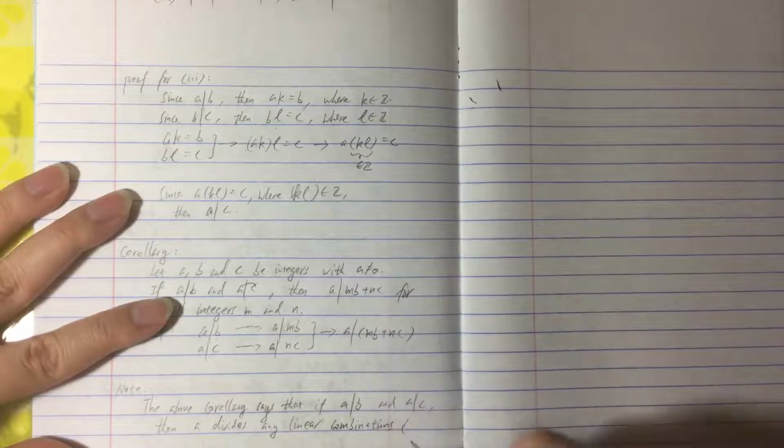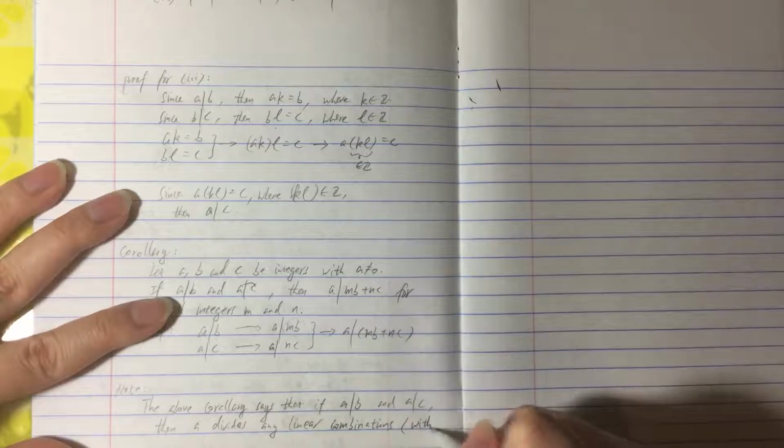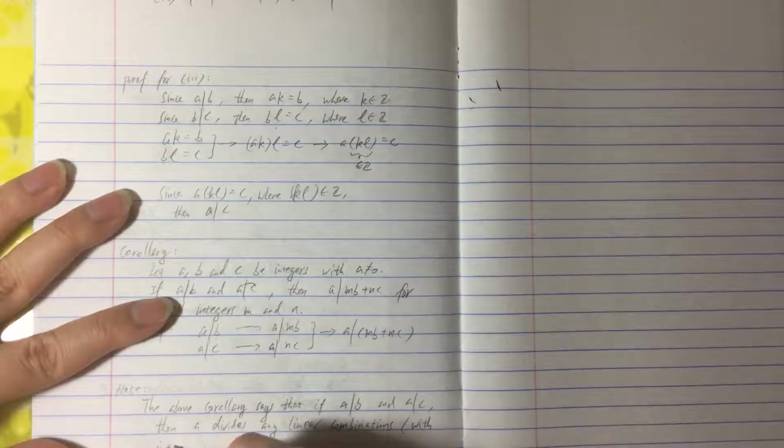N and M must be integers. And A divides any linear combination with integer coefficients of B and C.